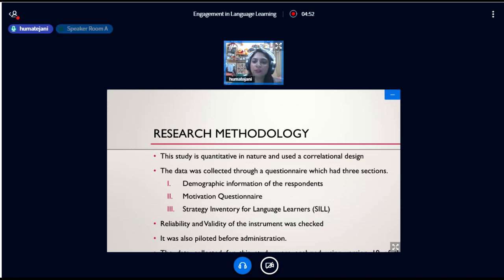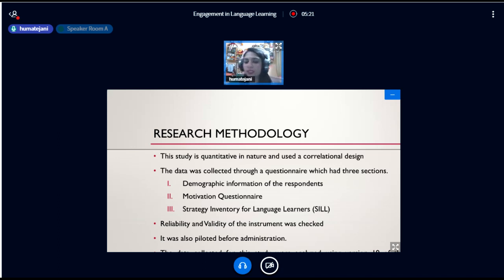In the questionnaire, which was formulated, there were three sections. The first section was about the demographics of the respondents. The second section was the motivation questionnaire, which was an adaptation of the AMTB, the Attitude Motivation Test Battery, researched and designed by Gardner.